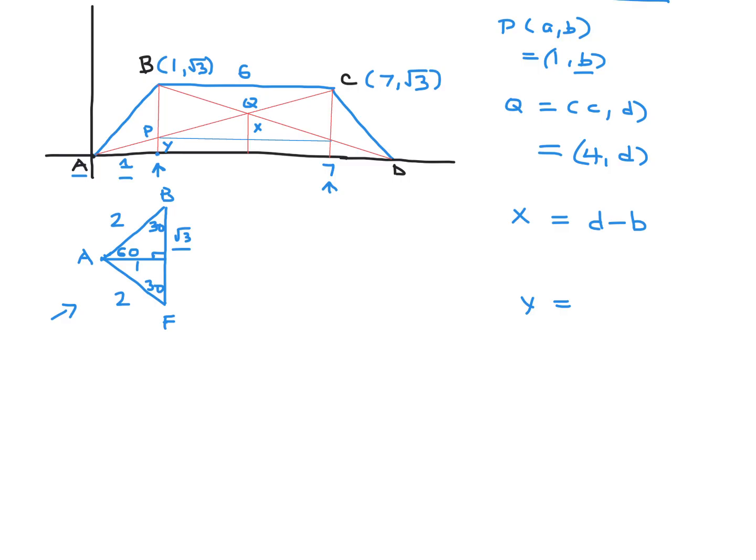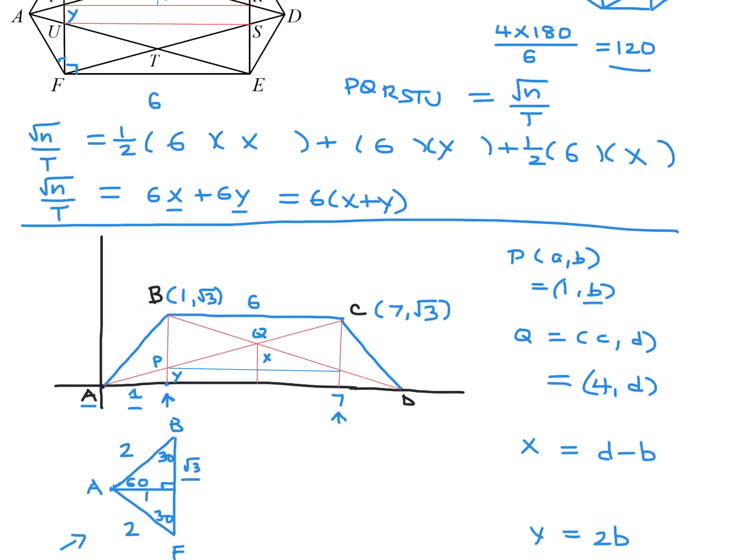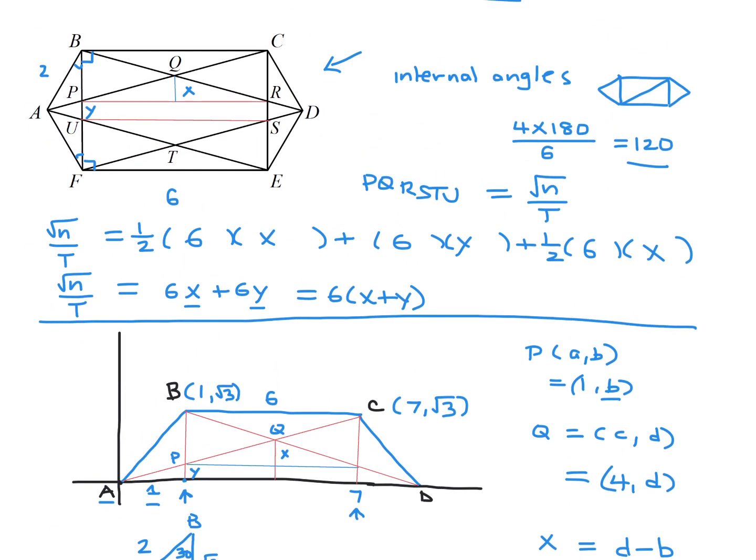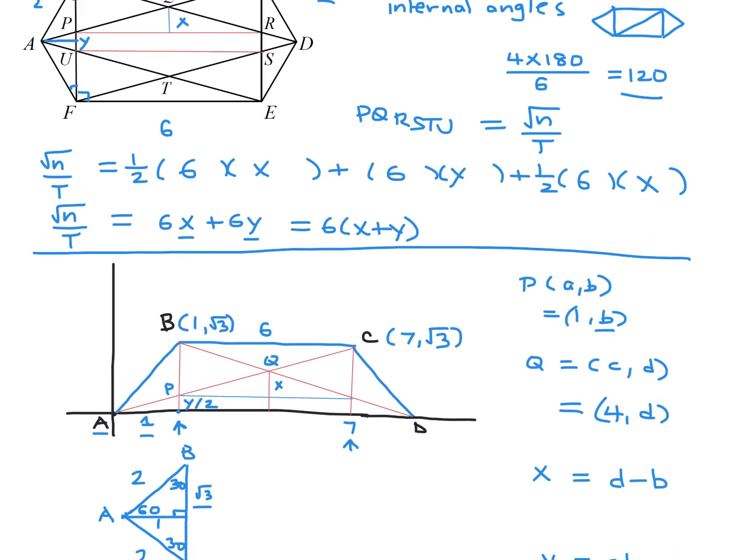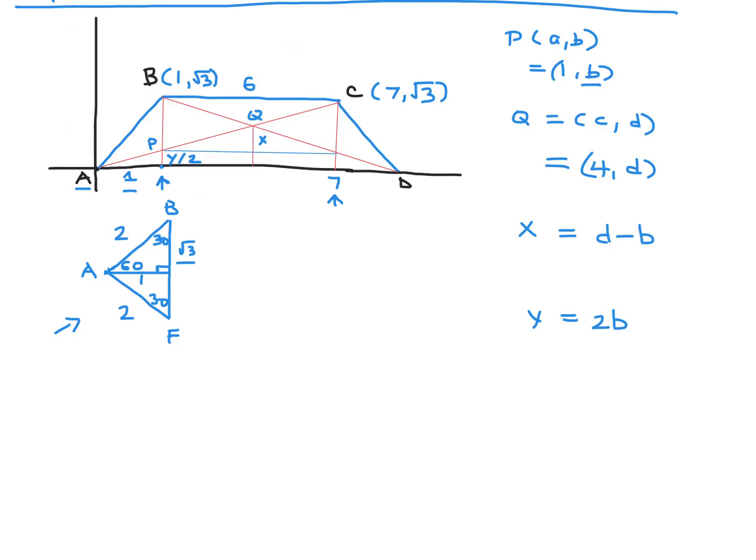And if we need that, we can calculate it. So that would just be 2b, basically. And the reason it's 2b is because, if you notice, what I have, sorry about that, is actually y over 2, like that. So I have to make sure that I double it. So you got to be a little bit careful when we label the diagrams.